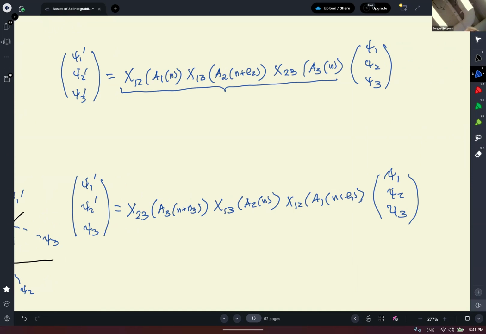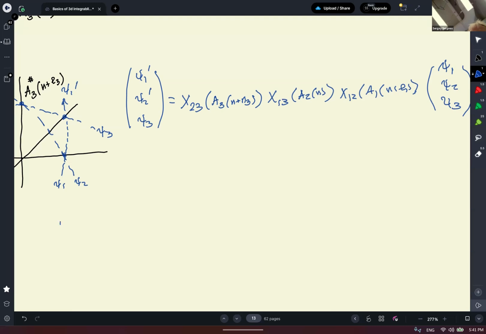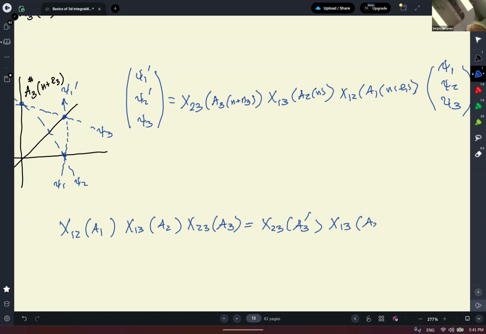And zero curvature representation now means that the result of this must be the same. x1, 2 of a1, x1, 3 of a2, x2, 3 of a3 equals x2, 3 of a3 prime, x1, 3 of a2 prime, x1, 2 of a1 prime in general.